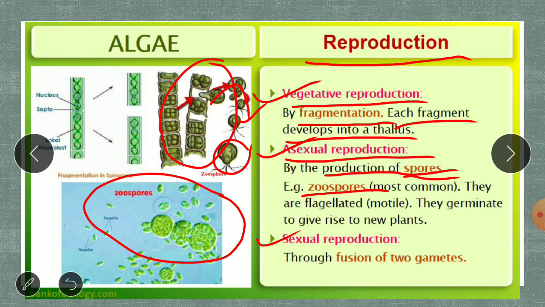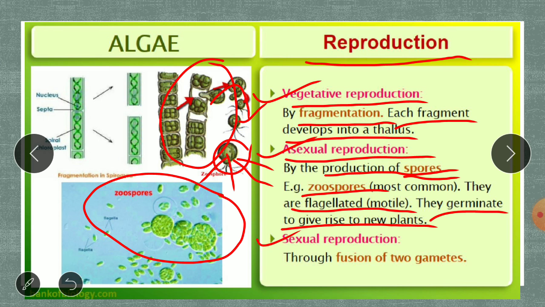The organism is giving out small spores, zoospores. Sometimes they can be flagellated, meaning they have hair-like structures with the help of which they can move. So they are motile.